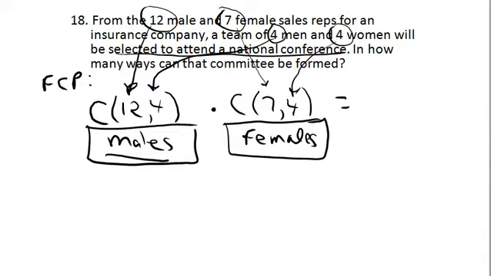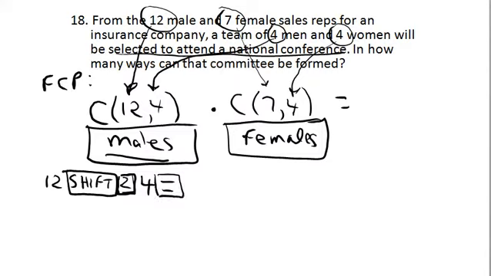So we just have to do that calculation. Now the combination for 12 choose 4, we'll be putting in 12. And remember, the combination is shift 2. So you would have shift 2, 4, equals, and then you could do the multiplication times.